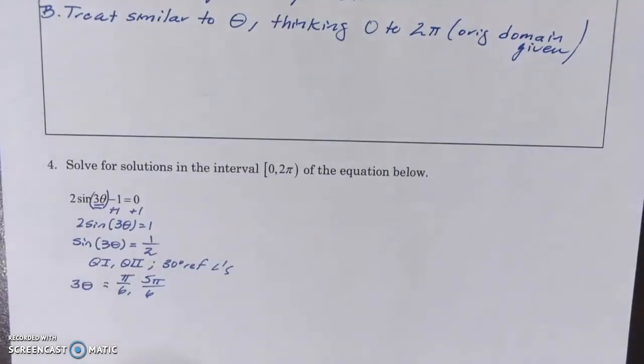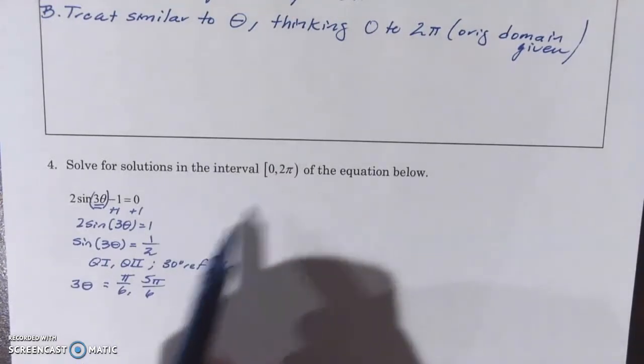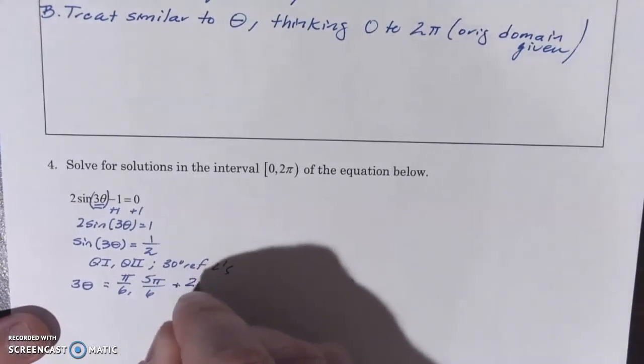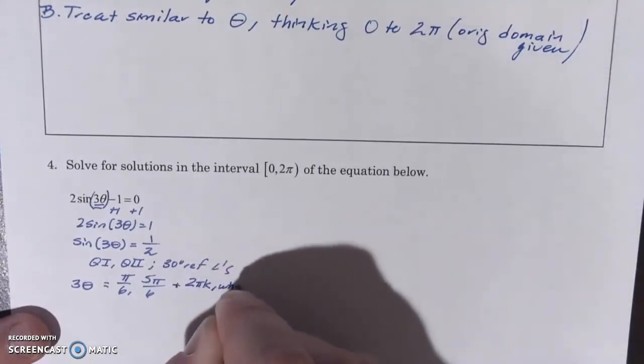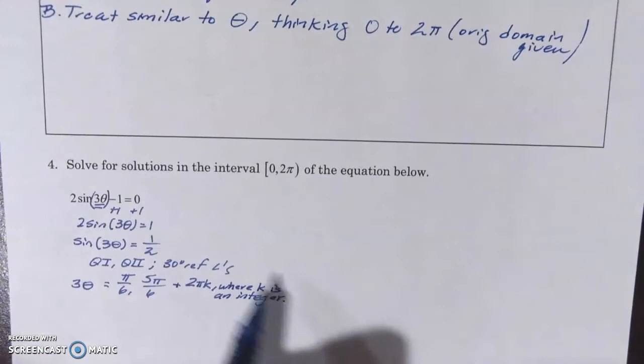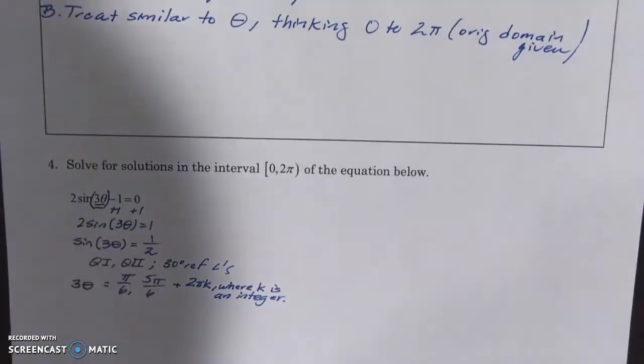So instead of treating it as 0 to 2 pi, we're now going to add on that 2 pi k. This would represent all of the solutions that would be possible.